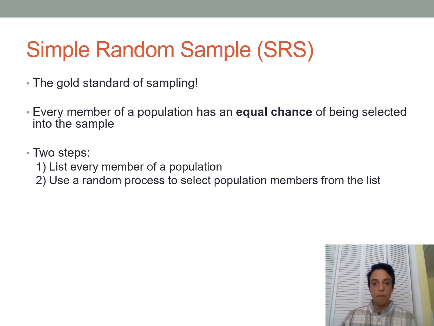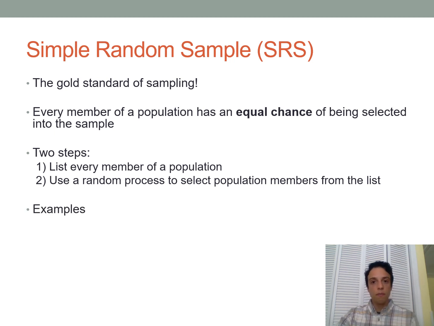I would have listed every member of the population, where we're going to say the population is the class, and then I would have used some random process to select members of that population into my sample, where my random process would have been feeling around in my hat full of paper and pulling something out. And if I did that 5 different times and got 5 different names, I would have a simple random sample, because everybody would have had an equal chance of being selected into that sample.